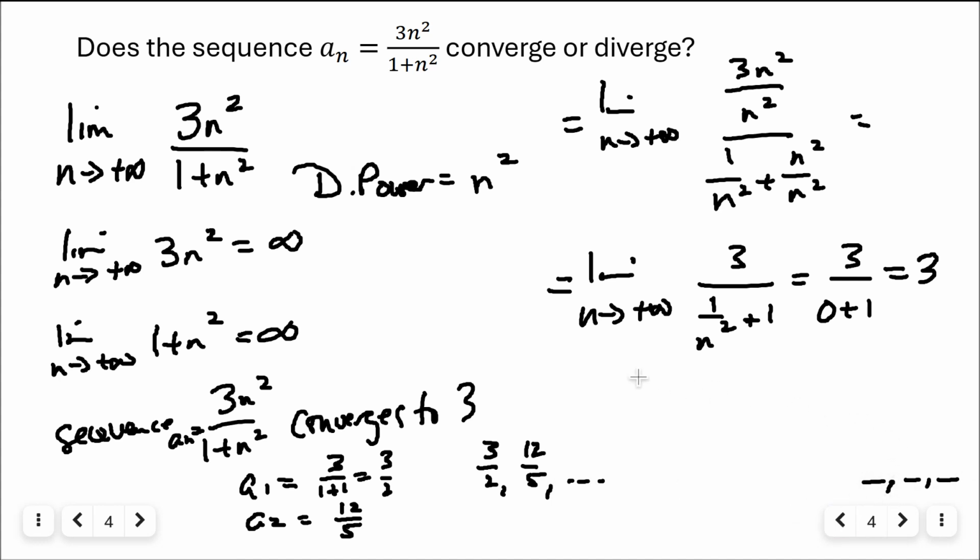And what's happening is, the closer you get to the end of the list, the closer you're going to get to 3. So the numbers out here at the end of the list are going to be like 2.99999999994, 2.9999999999995. They're going to get very, very close to 3. That's what it means for this sequence to converge. It means the list of numbers eventually approaches 3 at the end of the list.